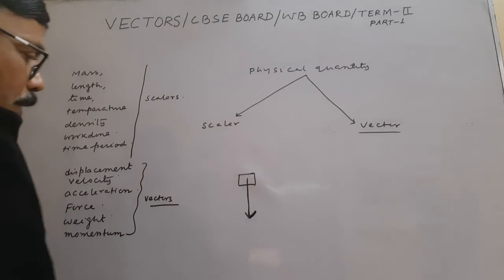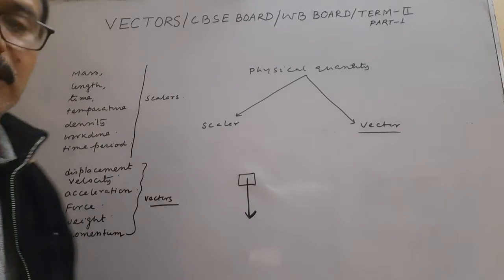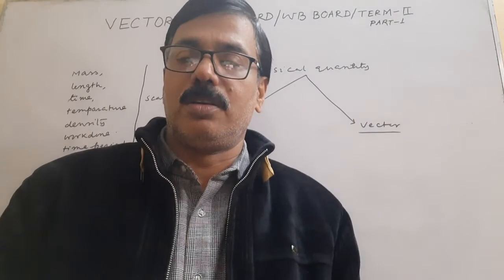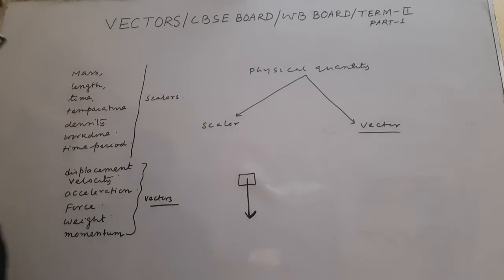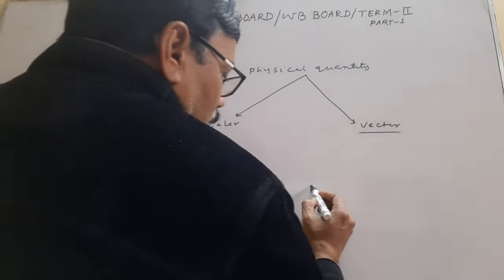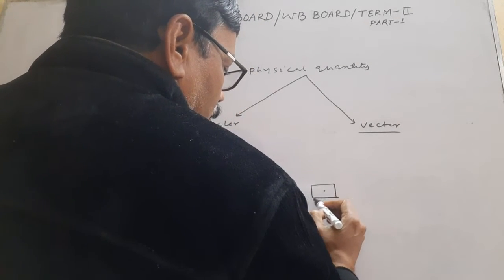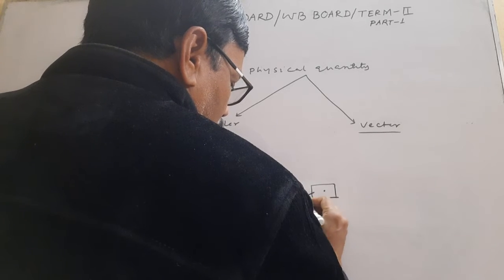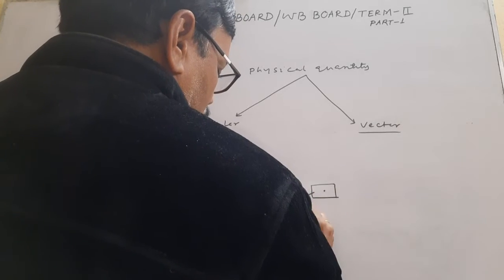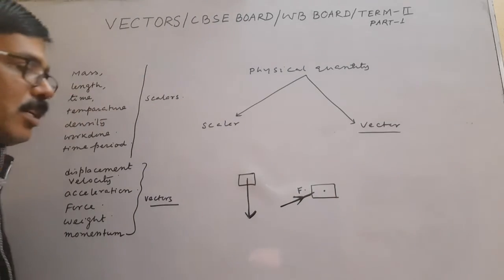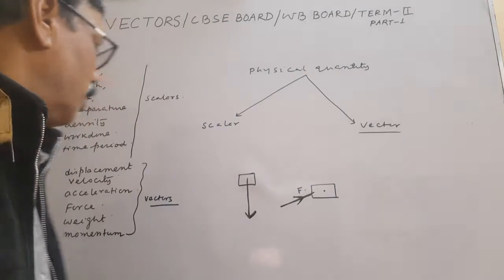So, the quantity which has both magnitude and direction is called a vector quantity. So force. Suppose this is a rigid body and a force is acting on it. This force has direction, so it is also a vector quantity.